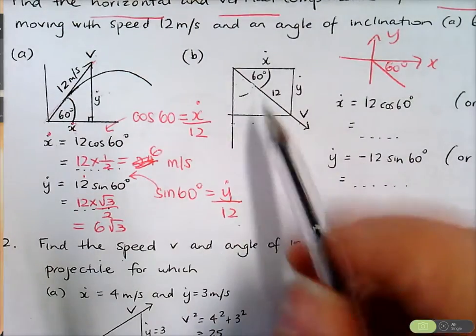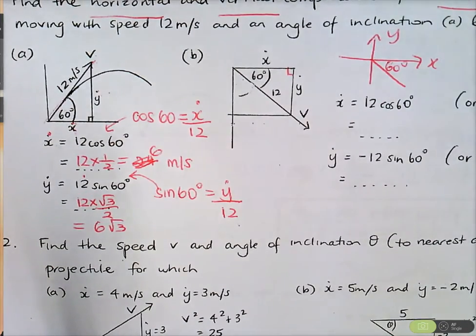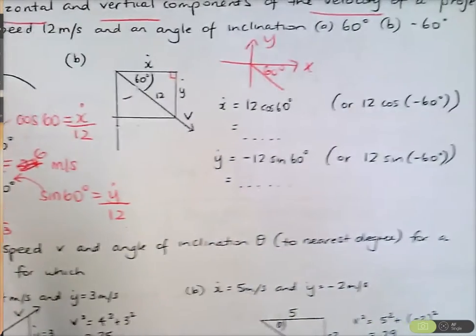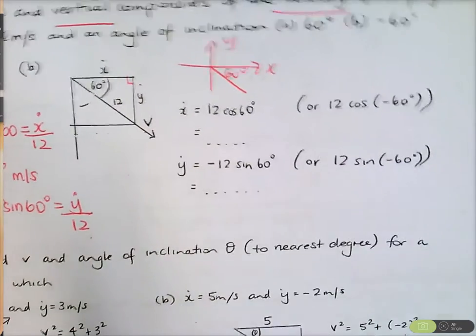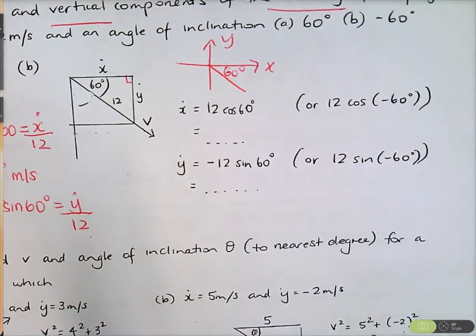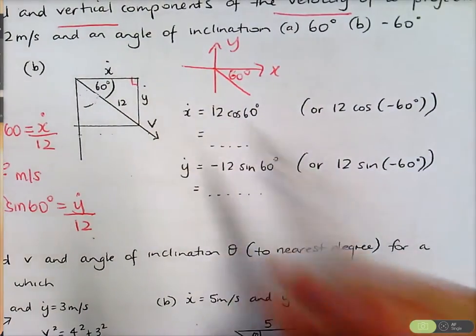So, just asking the same thing, we want the horizontal and vertical components of the velocity if the angle of inclination is negative 60. I don't know how we would have a projectile like that. That would only be when you're hitting the ground. You might have an angle like that if you were hitting the ground. I normally wouldn't ask this question, but we'll just do it anyway.